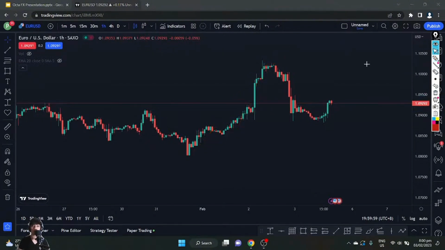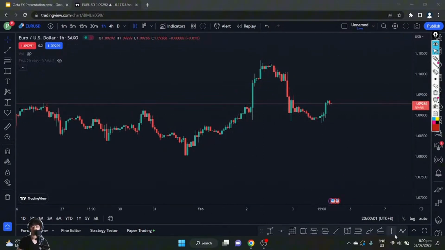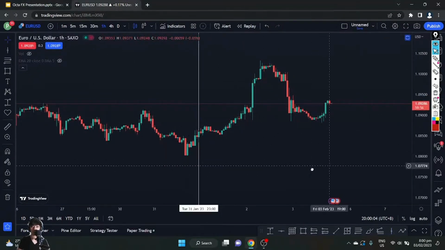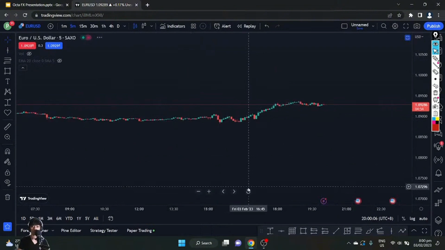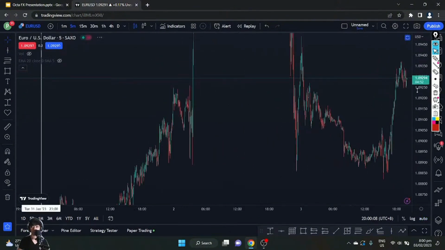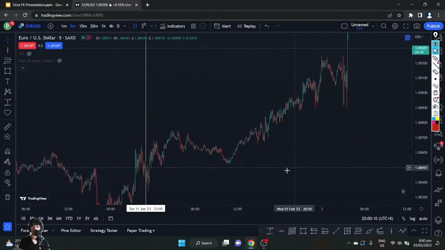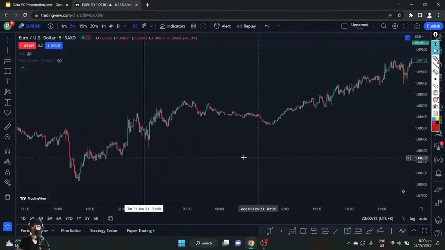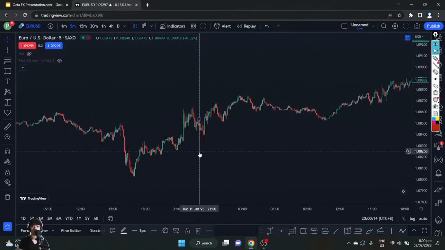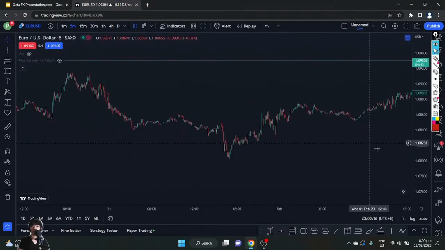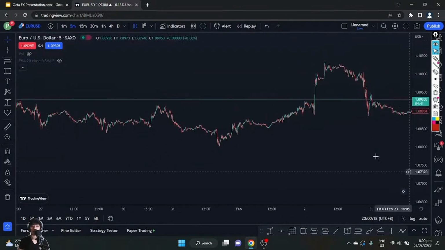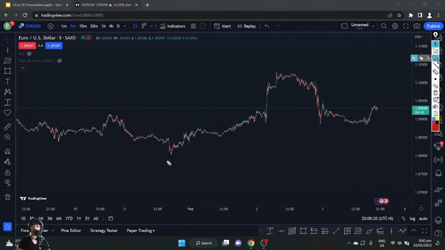And if we go down into it, so let's see. This is where we are right now. Just like what we were saying earlier, we can clearly see this single move at the 1 hour time frame.